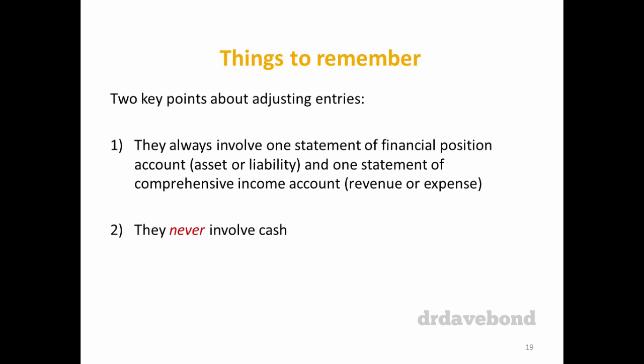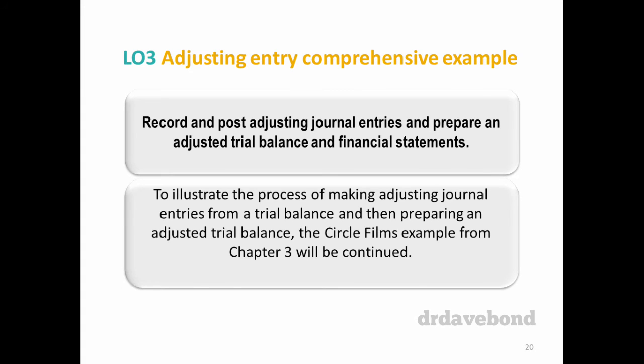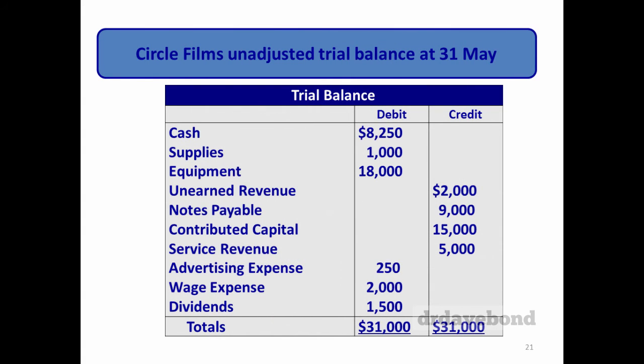And on that note, we're going to have a look at a comprehensive example of doing some of this. So the first thing I want to have a look at is this trial balance here. What I've given you is the same as what's up there, the same as what's in the slides.